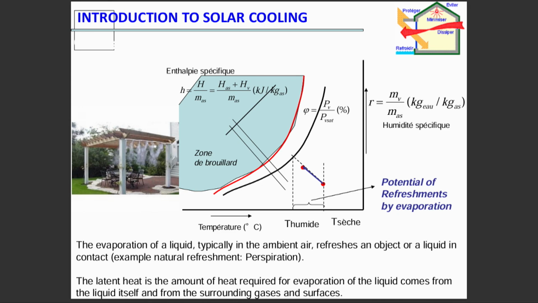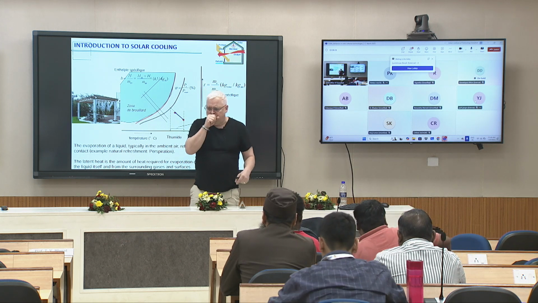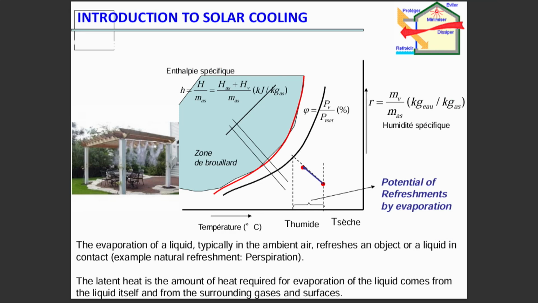As soon as the thin droplets are outside, they evaporate and cool down the surroundings. So it's used in very hot countries, in open spaces, in railway stations, for example, or even along some paths where it is very hot to walk. You have this kind of injection of thin droplets of water that evaporate and decrease the temperature.